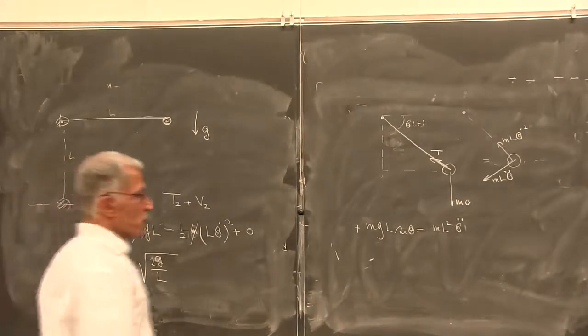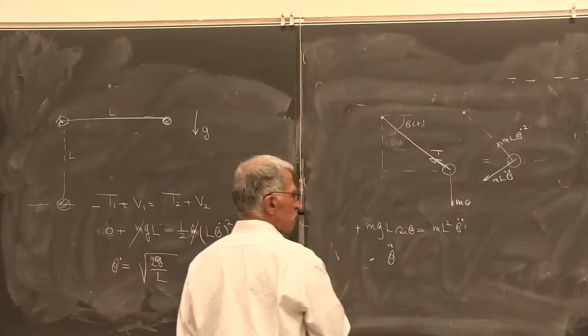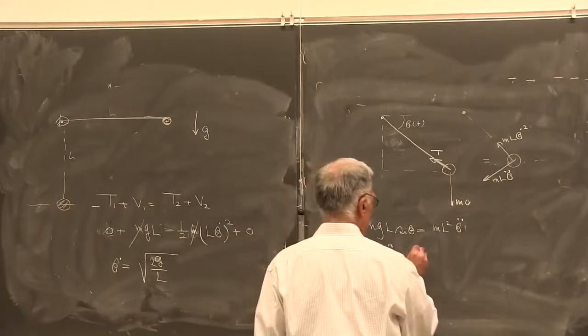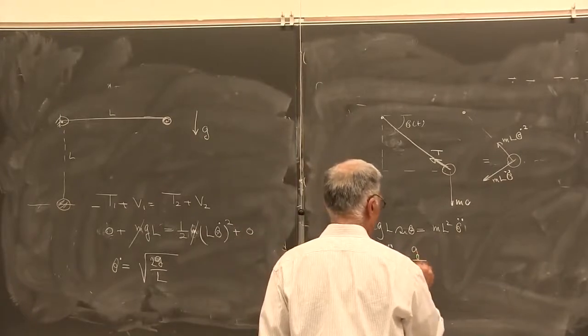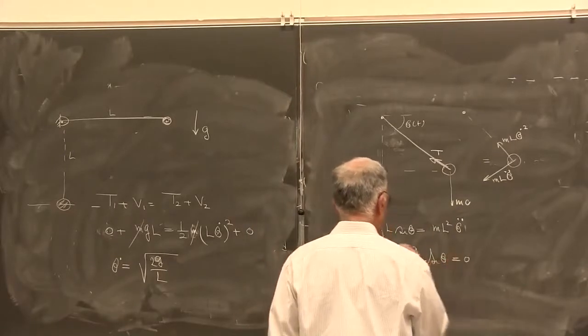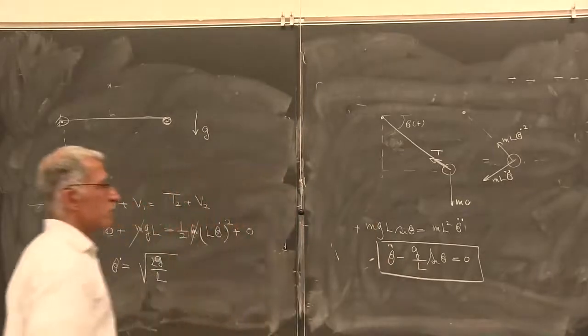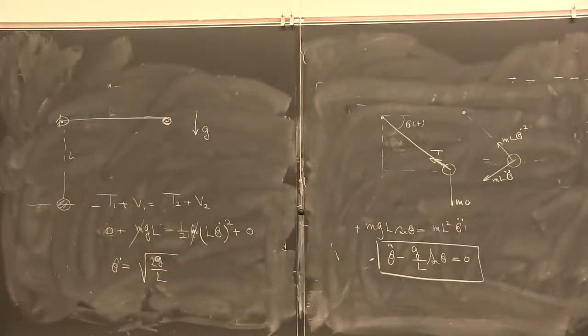So your equation of motion becomes theta double dot minus g over L sine theta equal to 0. That's your equation of motion.